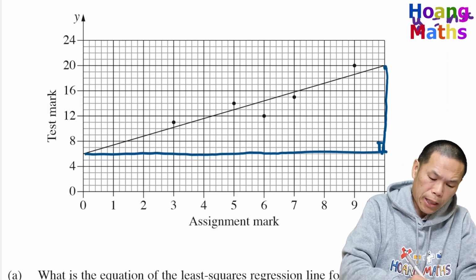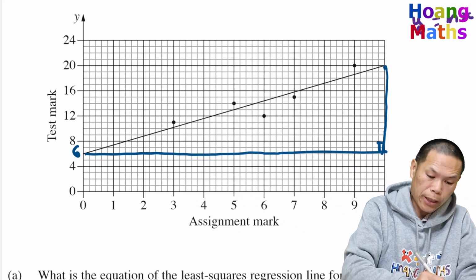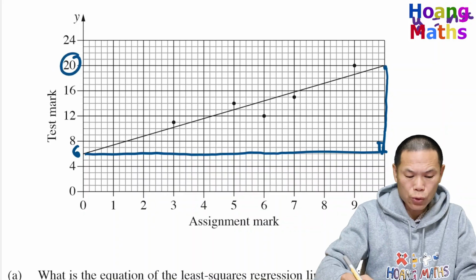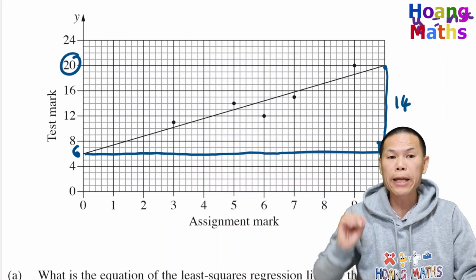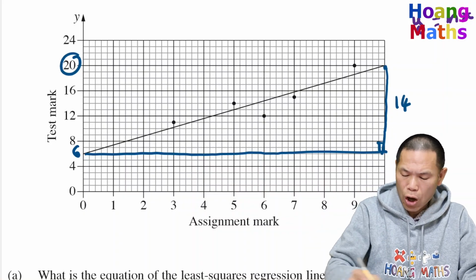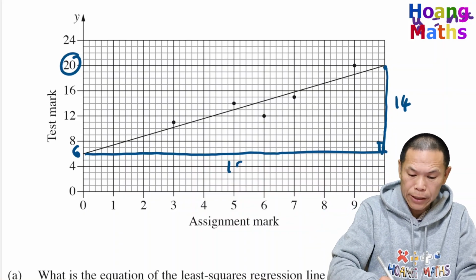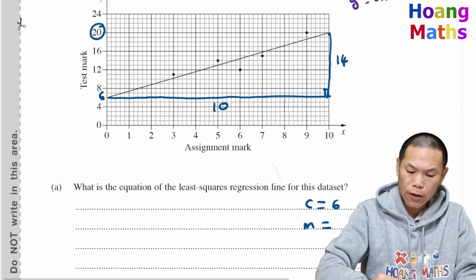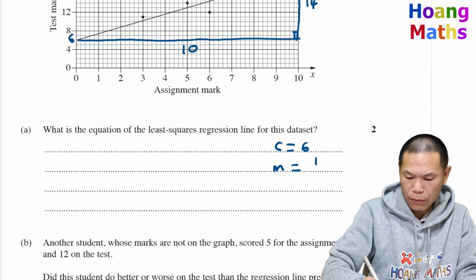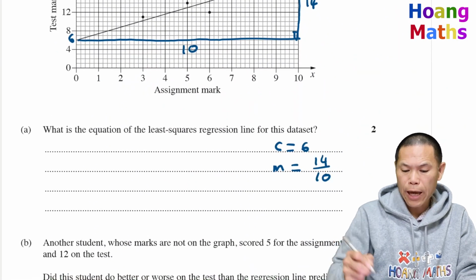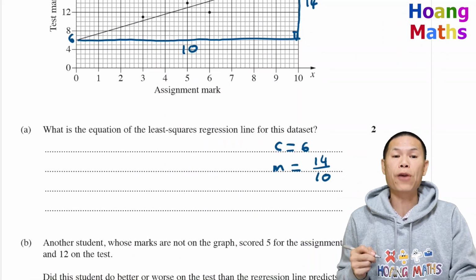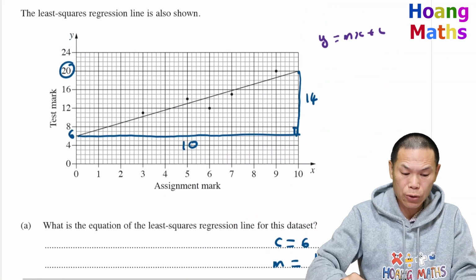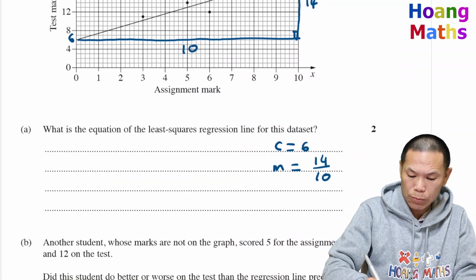So this one here is 6, and this one here is 20. From 6 to 20 is 14. Otherwise, you just go 20 minus 6. And we know that the horizontal run is 10 units. So that means 14 over 10. Normally we write gradient as improper fractions, but because this is a practical situation, we just write a decimal.